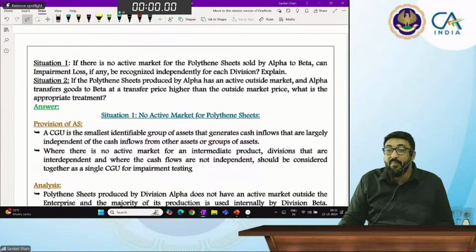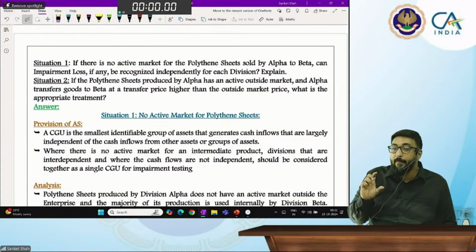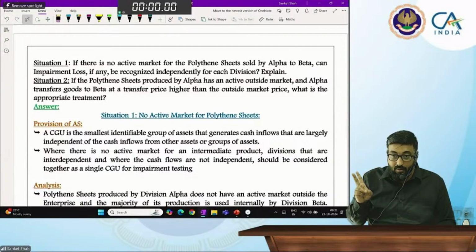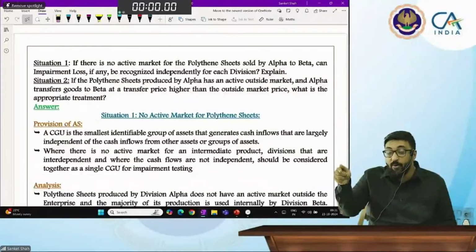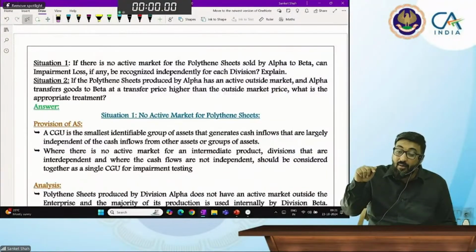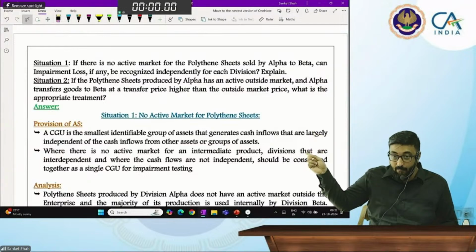What is an active market? Active market means you can sell it outside. For example, suppose I am a manufacturer of red pens and black pens, but I also have to produce the ink required for those pens, and that ink I am not selling outside.